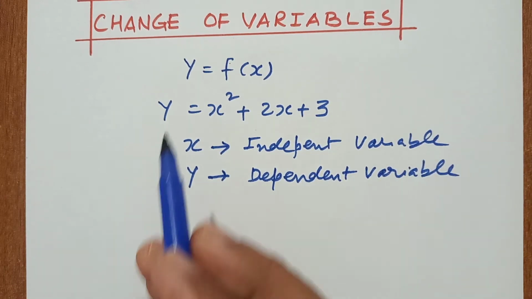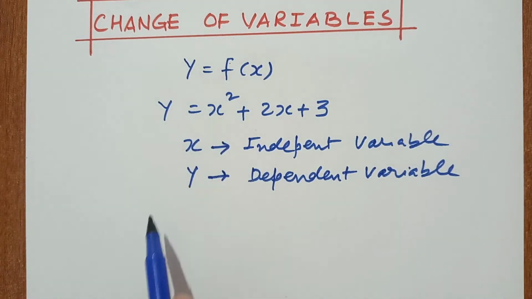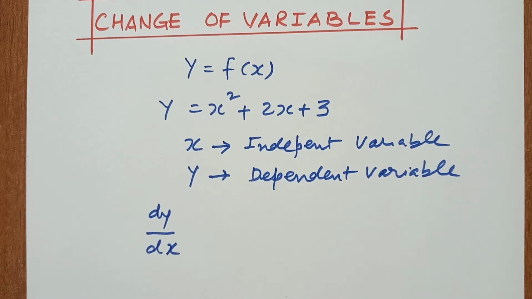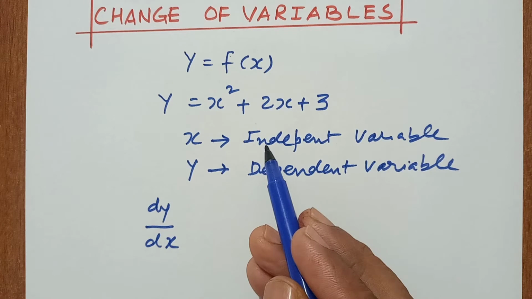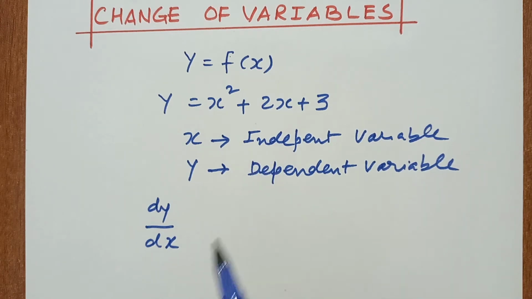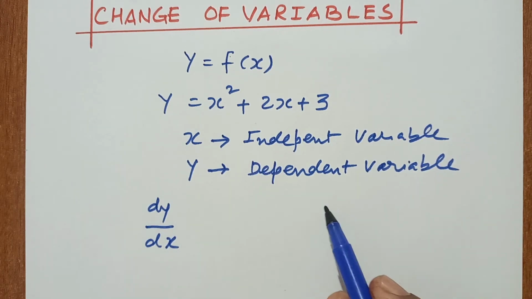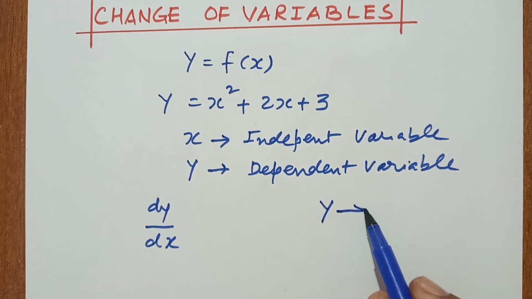So here the differentiation of y with respect to x is denoted by dy by dx. Now our aim is to change the dependent variable into the independent one. It means our aim is to change y to x.